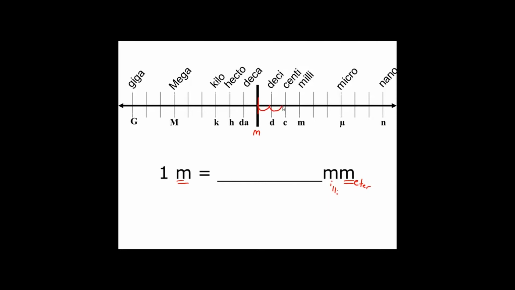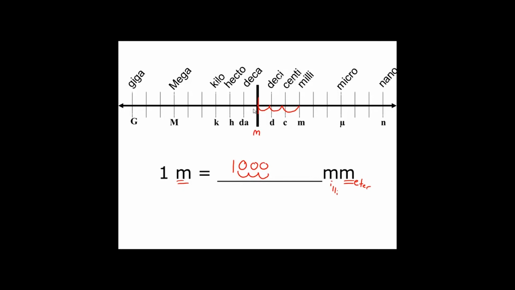Milli, the prefix, is found 1, 2, 3 places to the right. And all I'm going to do is take my number 1, and I'm going to move the decimal point 1, 2, 3 places to the right, just like I did up there. And now I'm going to fill these little hoops up with zeros. So 1 meter is the same thing as saying 1,000 millimeters. That's all. It's pretty simple.